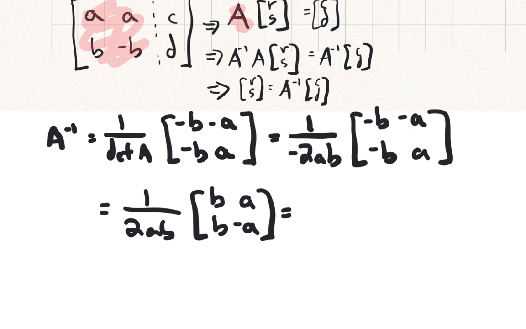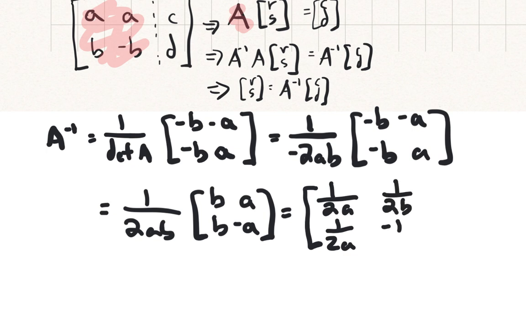I'm just going to be left with 1 over 2A. So that's 1 over 2A, 1 over 2A. And similarly in the second column, it's going to be 1 over 2B, since the A's are going to cancel. 1 over 2B and negative 1 over 2B.